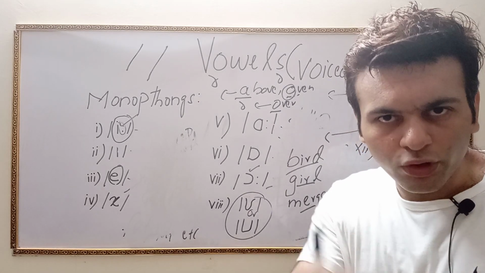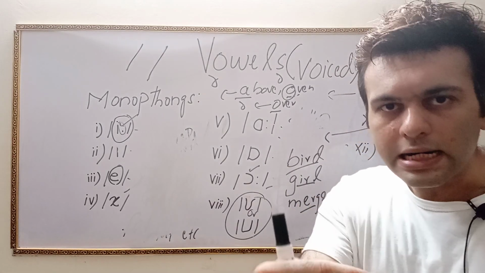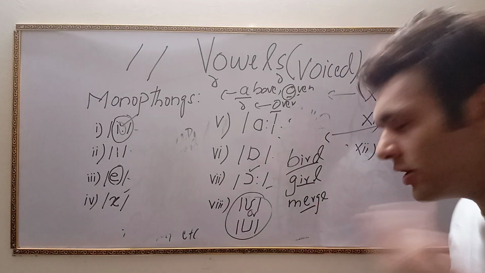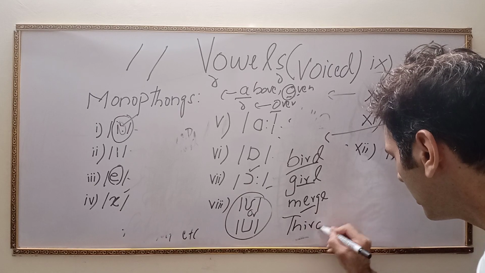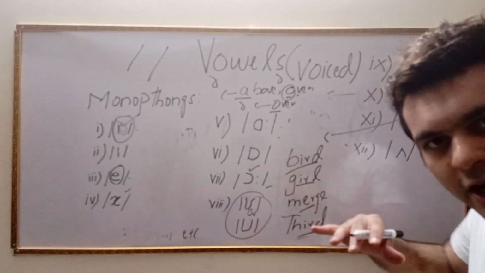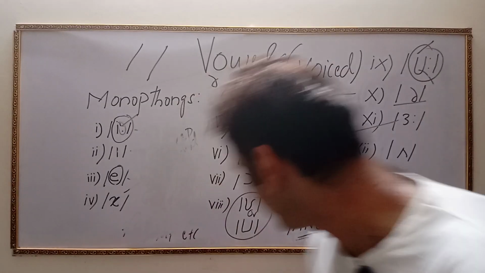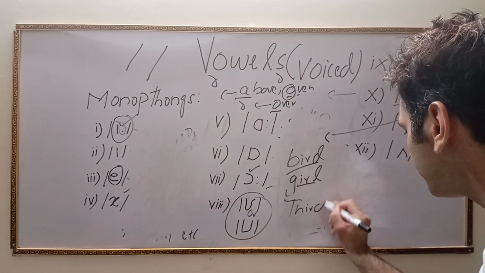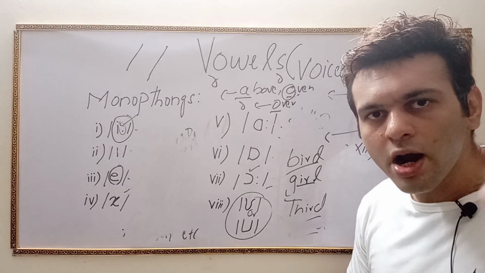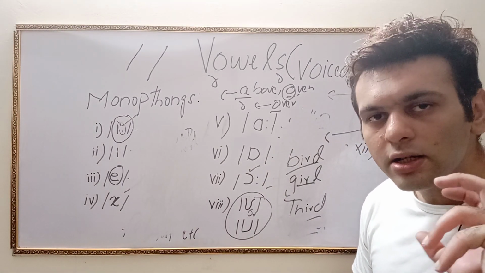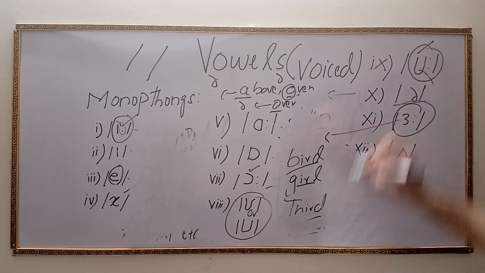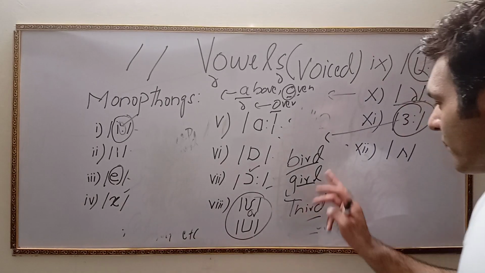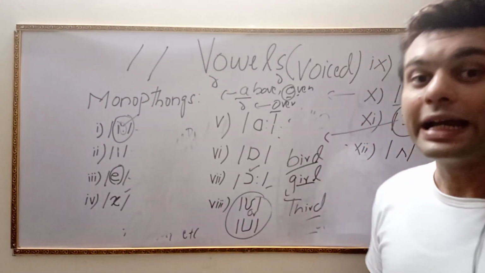This sound, in the middle, girl, bird, third. This medial position sound, I don't know whether this is visible to you or not. Let me write it again. This medial sound is represented by this, like bird. He stood third. She is a beautiful girl.